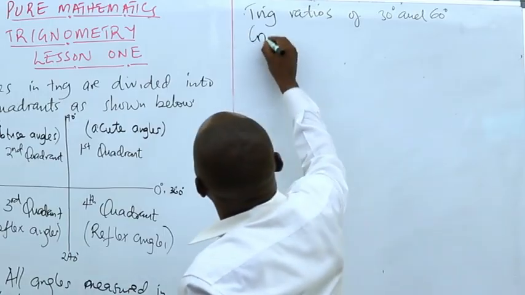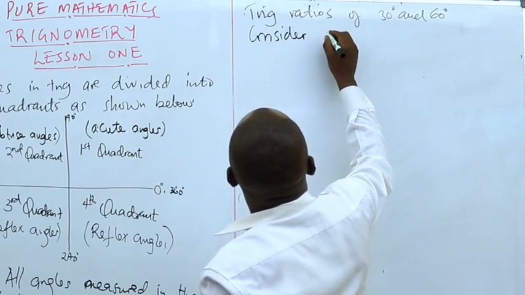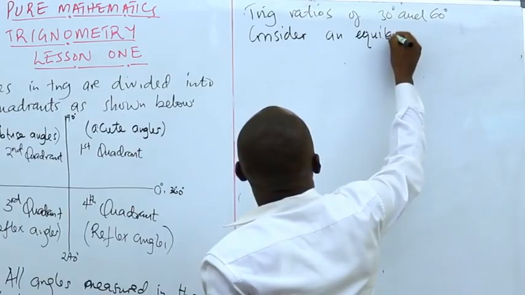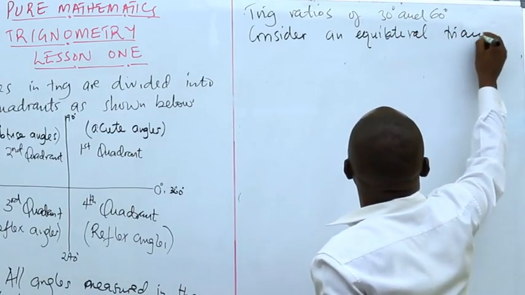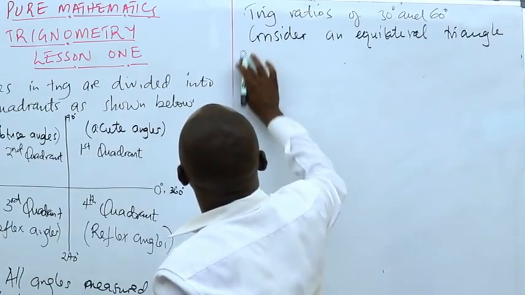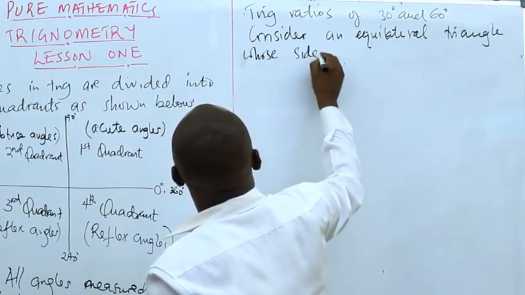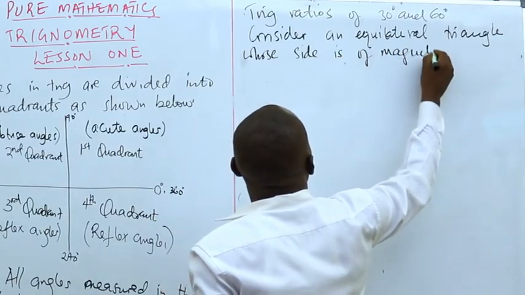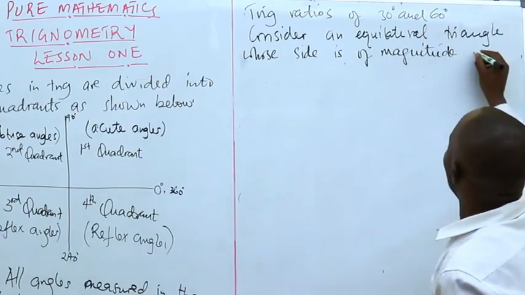So we just need to consider an equilateral triangle, of whose sides is of magnitude 2 units.